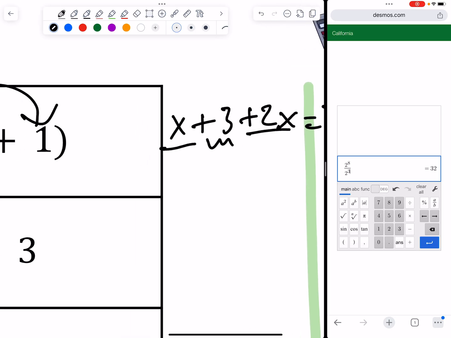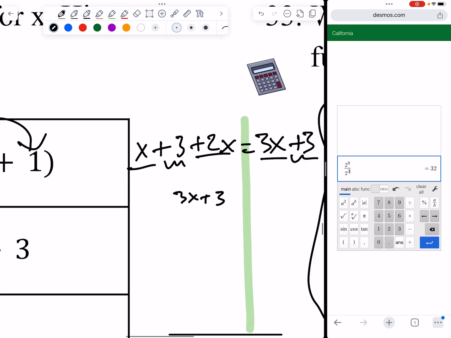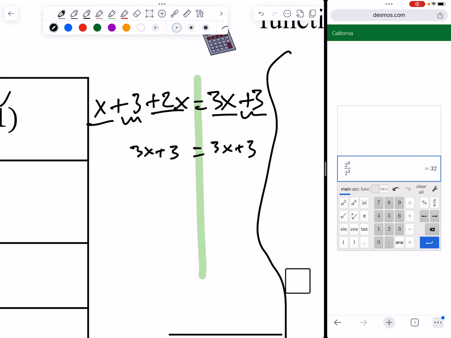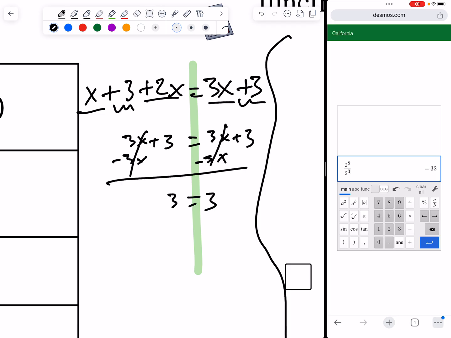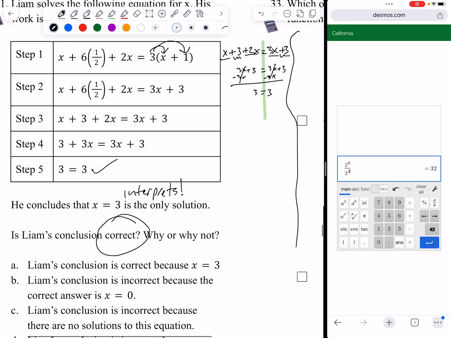Remember, I can't go across yet. So on the left side, I got 3x plus 3. On the right side, I got 3x plus 3. So they're exactly the same. So if I subtract 3x, those go away. So 3 equals 3. So yeah, that is totally what I got as well.